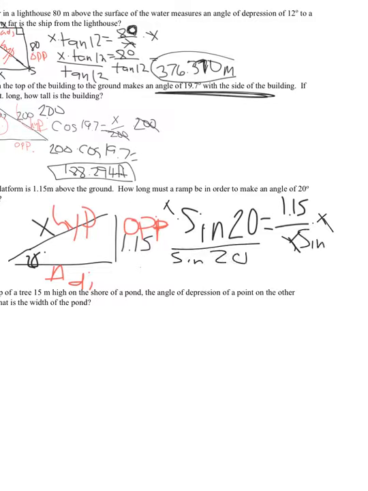I'm just going to jump to that. And x equals 1.15 divided by sine 20, which is, the ramp has to be 3.362 meters.